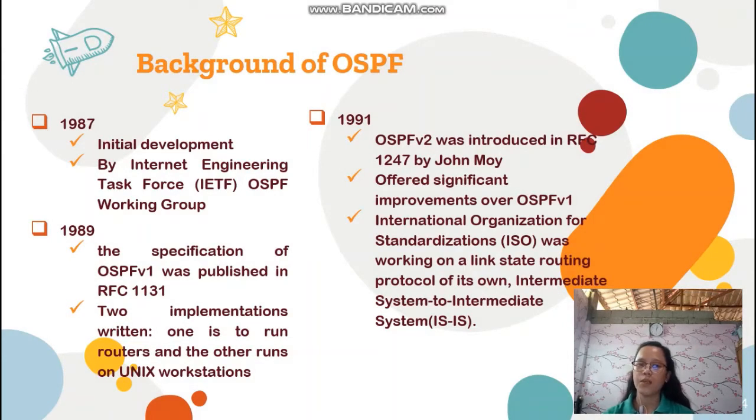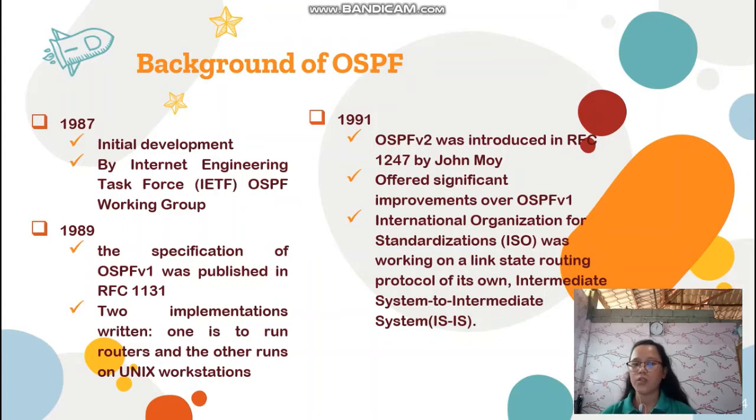So let's go back to the history of OSPF. The initial development was in 1987 by the Internet Engineering Task Force, or IETF, OSPF Working Group. And in 1989, the specification of OSPF version 1 was published in RFC 1131 with two implementations written.